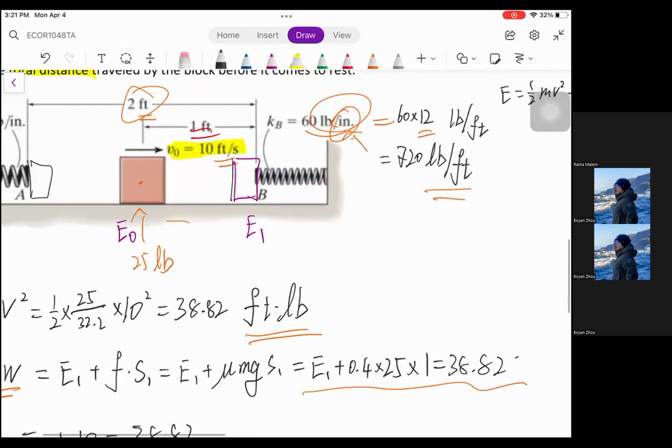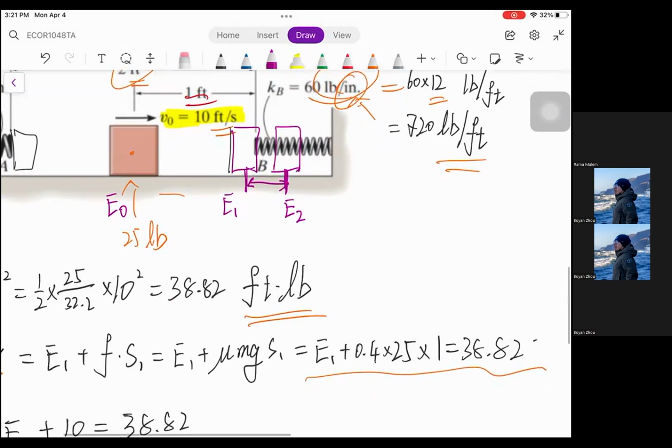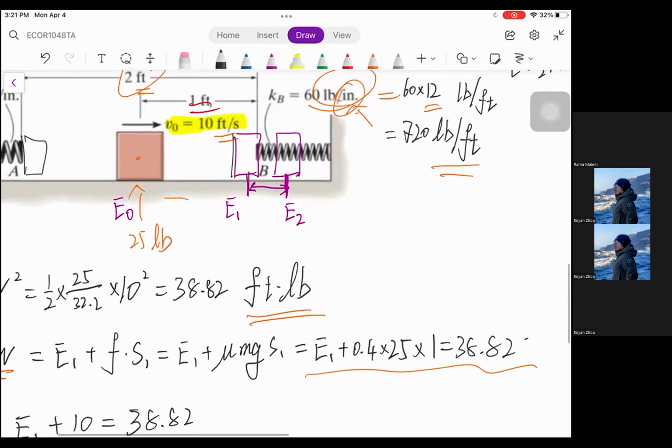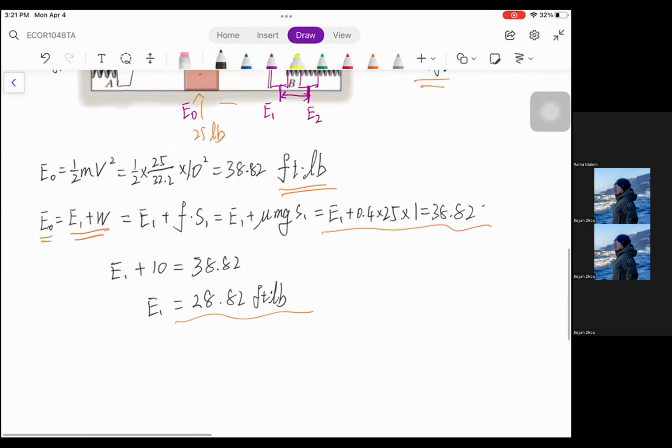The next step is the block actually pressing the spring. It's going to move to another location, and right now we don't know the compressing distance for the spring. So next we need to find that, E2.